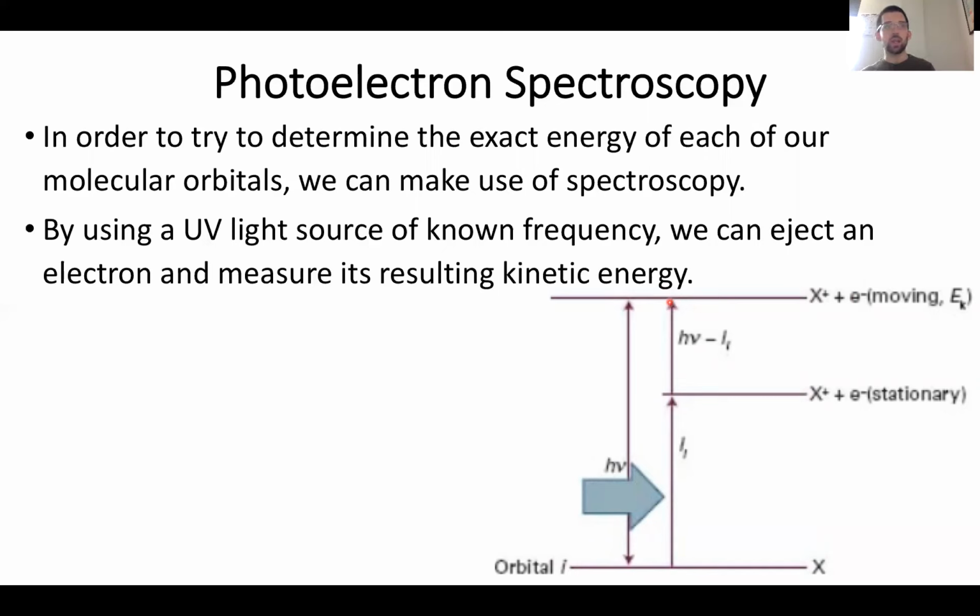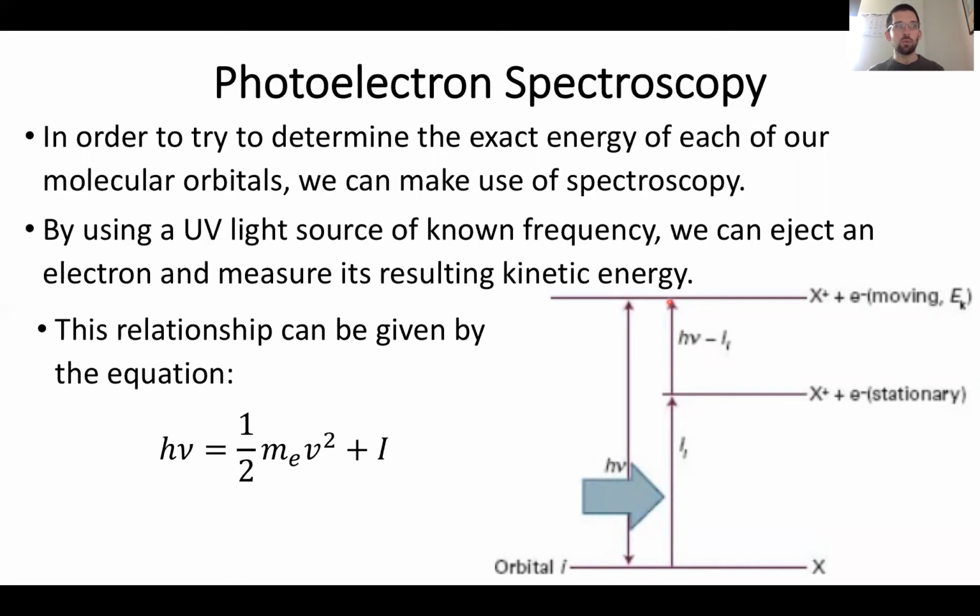It's a huge aid right here. So we can describe this mathematically with almost the same exact equation we did before. So if I know the energy of the photon, and I know the energy of the electron, the difference between these two is going to give me the ionization energy, literally how much energy it takes to remove the electron.